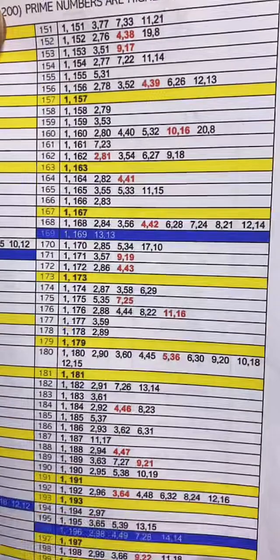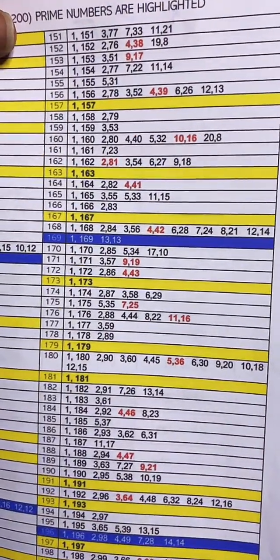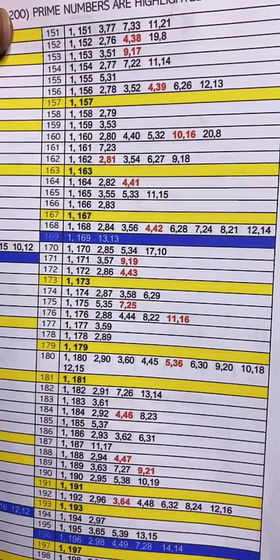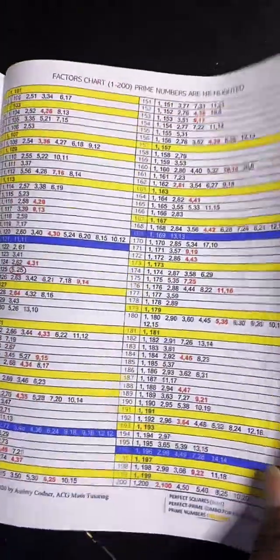Notice in red, I have 4 and 42. That's telling me that is that perfect prime combination. I'm just going to get 6 and 7, and 6 is one of those special radicals that can't really be broken down.